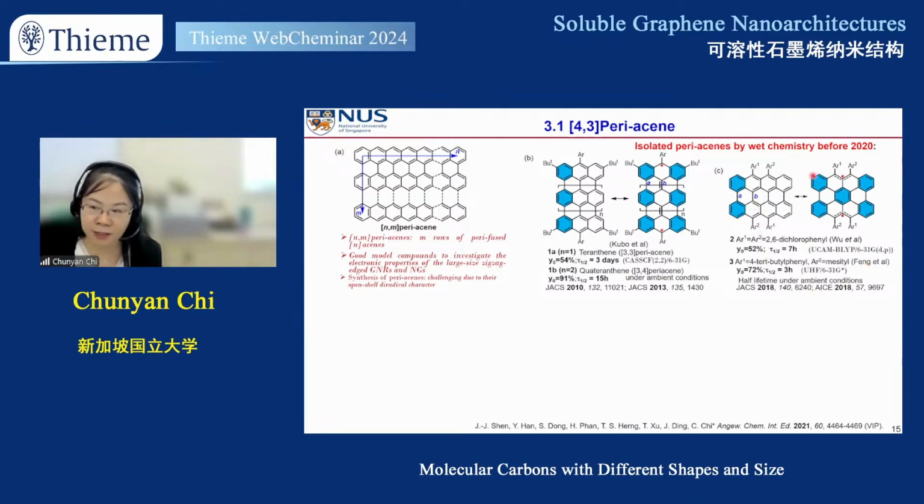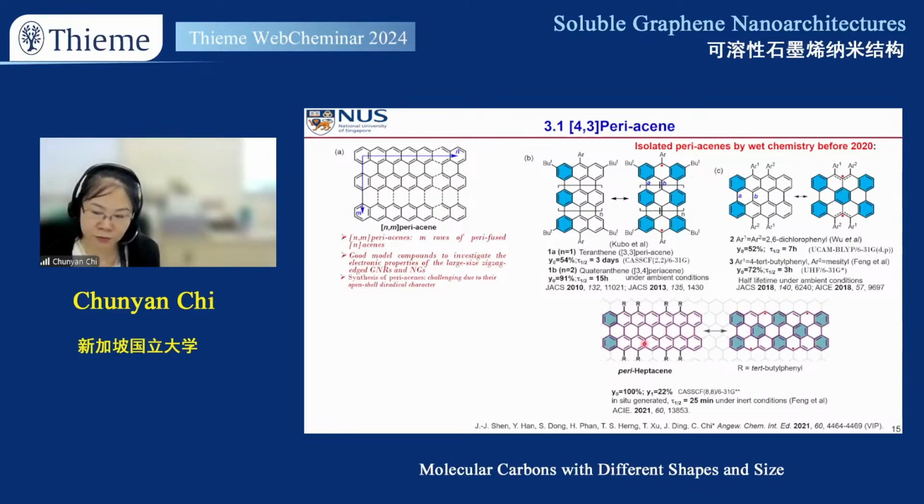The peritetracenes have diradical character around 52% to 72%, and half-lives of 3 hours to 7 hours under ambient conditions. This depends on the different substituents. Then in 2021, Feng's group reported this peri-heptacene, which has diradical character, and this molecule is in situ generated. It cannot be isolated, and the half-life is around 25 minutes under inert conditions.